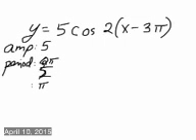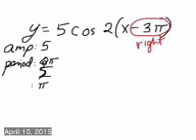However, what's inside the grouping symbol? What's this going to do to my graph? It's going to shift it which way? To the right. Okay, it's going to shift it to the right.